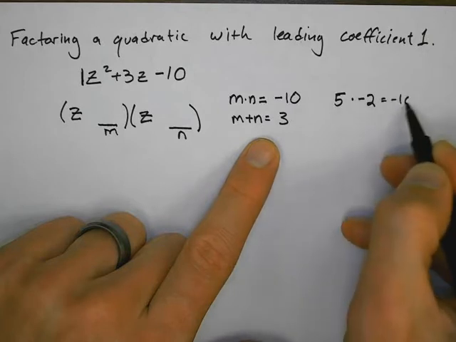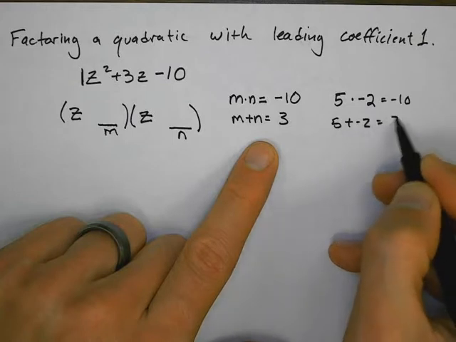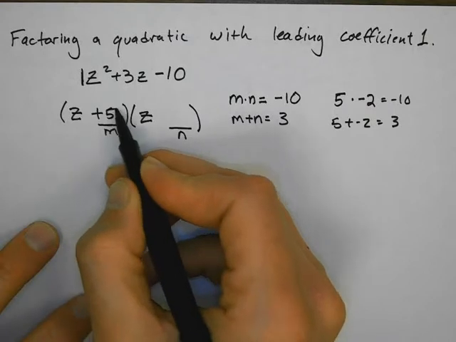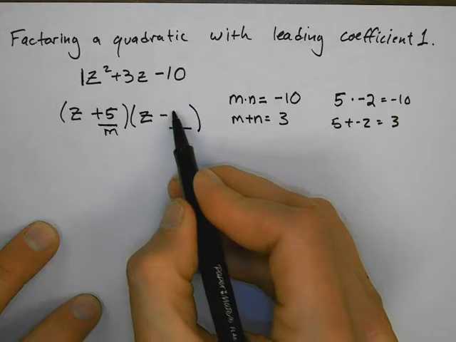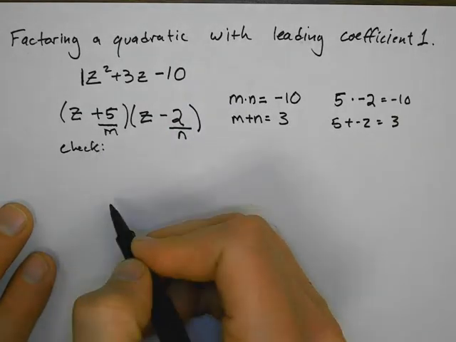That multiplies to -10, and if you do 5 plus -2, you get 3. So all we have to do is put a +5 in one of the terms, and the other term would be a -2. And I would always check by FOILing that back out.